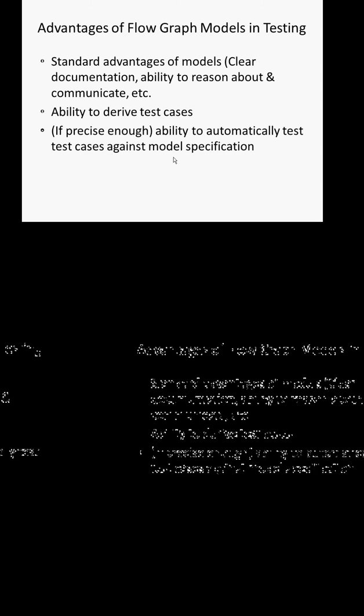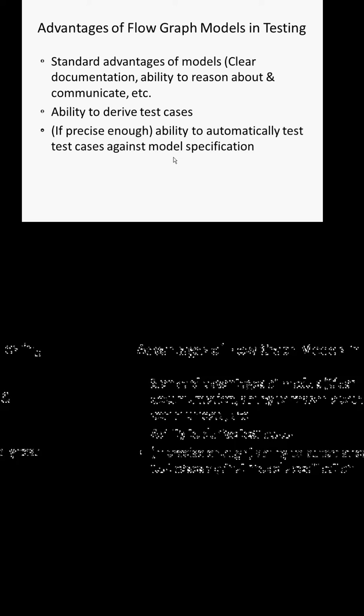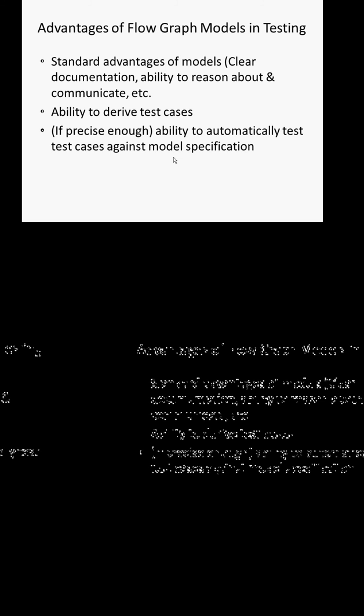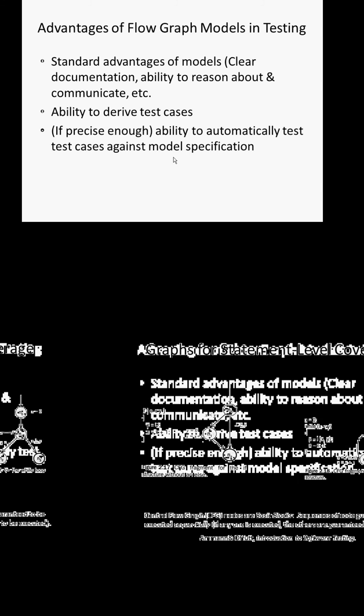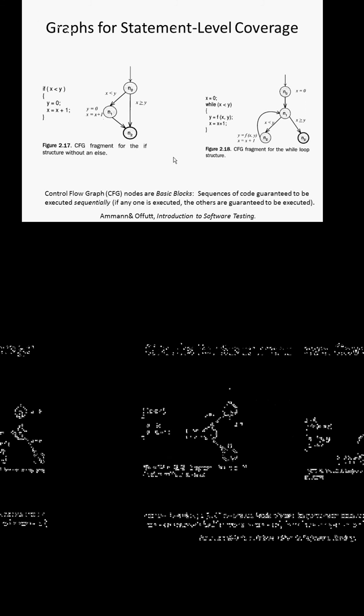So, for example, here, edge coverage includes node coverage as a subset. If you have covered all edges of a given diagram, perhaps this diagram here, this one here, you have, by necessity, covered all the nodes as well.